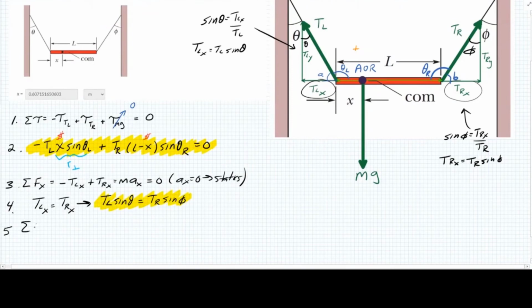Sum of all the Y forces better equal 0, and I have the following. I have TLY going up, plus TRY pulling up, minus MG, which is pulling down, equals M A sub Y. A sub Y equals 0 because of statics.